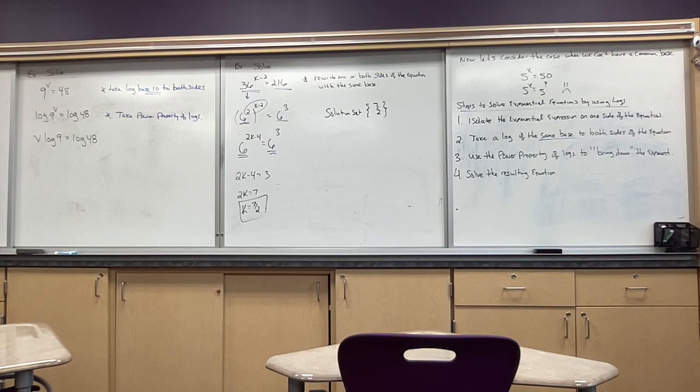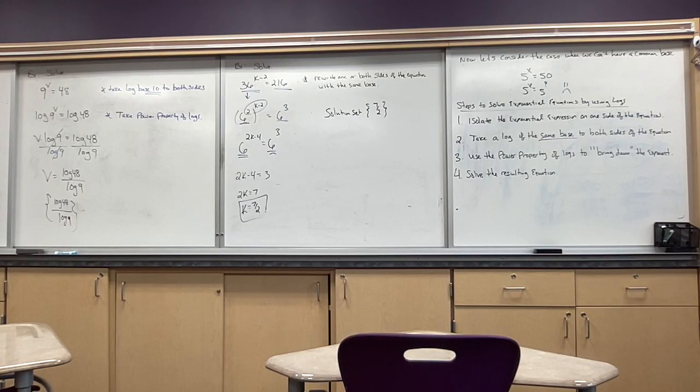If you look at the far board over there, solve the equation. Solve what's left. So if v is being multiplied to this, the opposite would be to divide. So divide both sides by log 9. So my answer is log 48 over log 9. So I guess I should put it in nice curly brackets, right? Make it official. That's my solution.